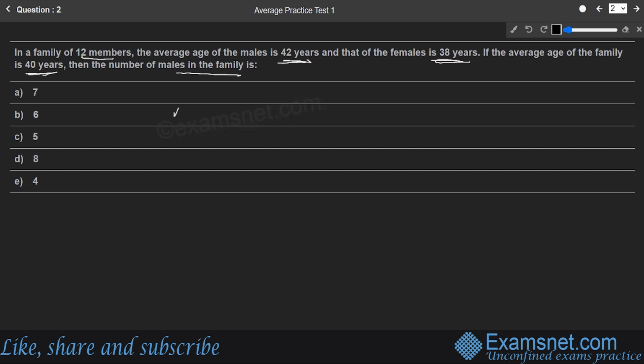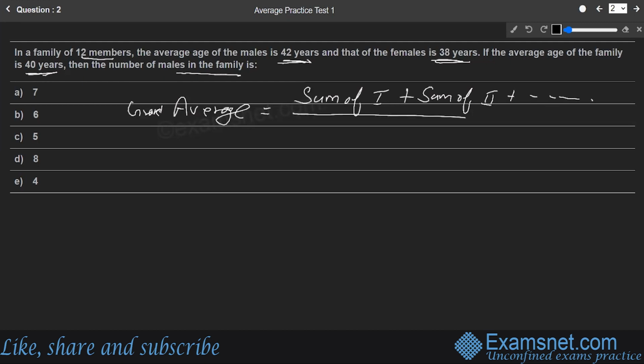We know that the grand average can be calculated by the sum of the first category plus the sum of the second category, plus as many sums as possible, divided by the total number of people. This is how the grand average is calculated. So the grand average is already given to us. He says the total average age of the family is 40.